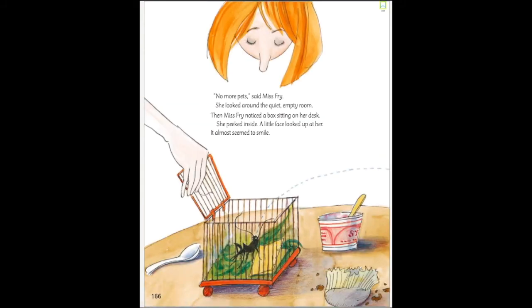"No more pets," said Miss Fry. She looked around the quiet, empty room. Then Miss Fry noticed a box sitting on her desk. She peeked inside. A little face looked up at her. It almost seemed to smile.